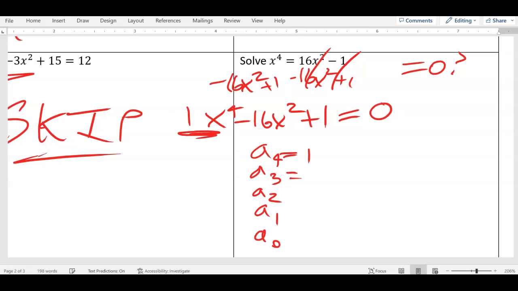What's in front of x to the 3rd? I don't see x to the 3rd, so it's 0. What about x squared? What's in front of x squared? Negative 16. What's in front of x to the 1? Is there an x by itself? No. What about x to the 0? 1.